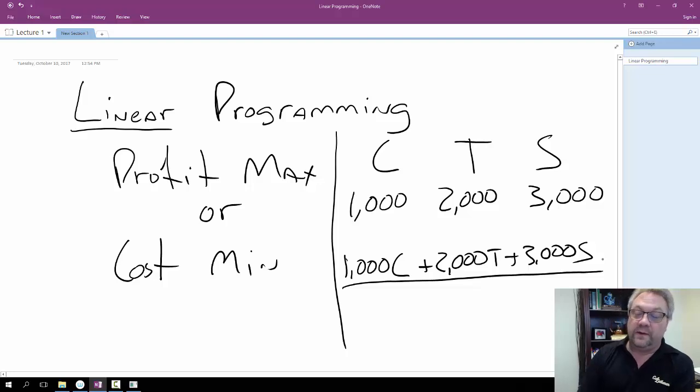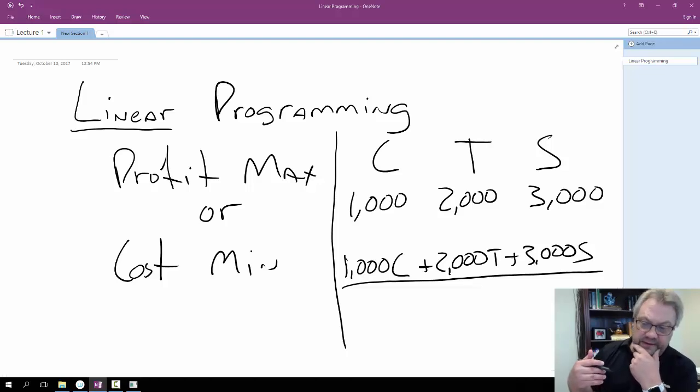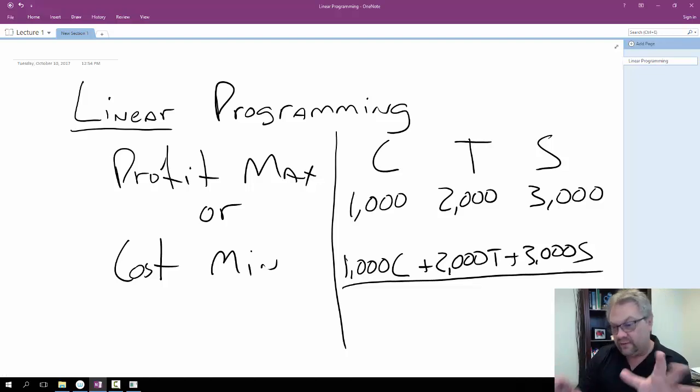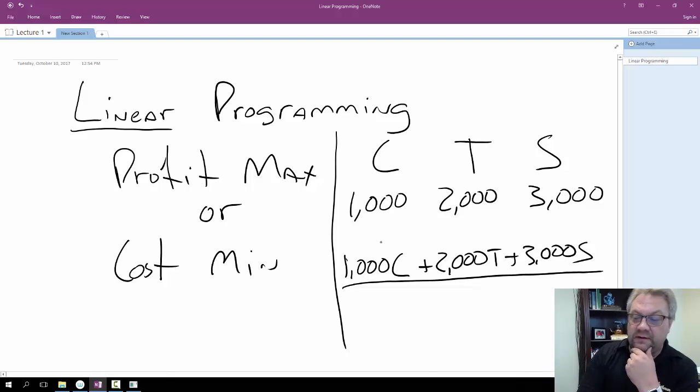This is also called, when we get into the more formal language of linear programming, our objective function. But there you go. Okay. Now, if we just take a look at this function, we need to put some constraints on it, because if we don't, then our maximum profit would be infinite.